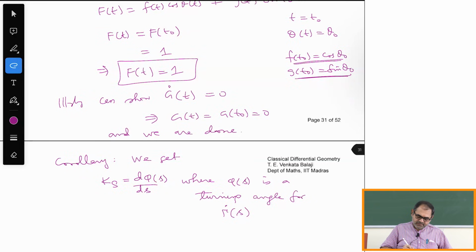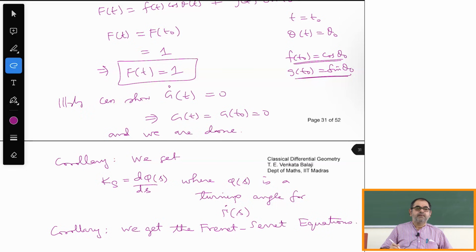The other corollary is that we get the Frenet-Serret equations. I will expand on this in the next lecture. This is to tell you the importance of signed curvature and signed normal.